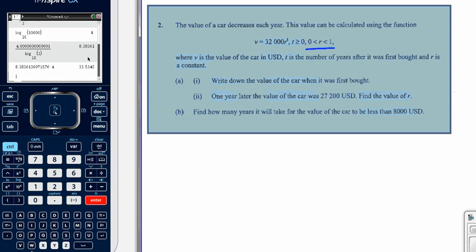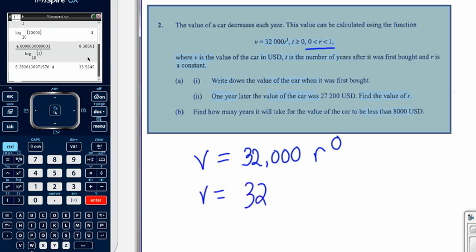Okay. So we want to write down the value of the car when it was first bought. When it was first bought, the time that's elapsed is 0, right? So we have 32,000 r to the 0. r to the 0, even though we don't know r, is going to be equal to 1.